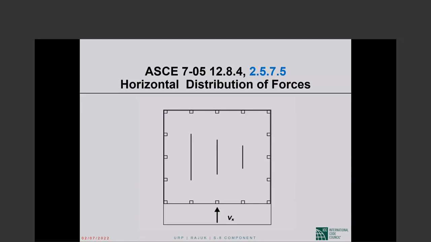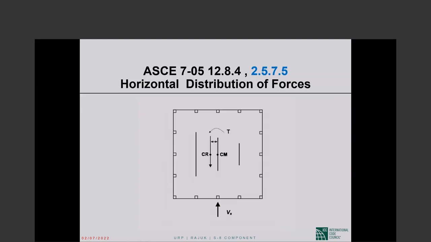If it deflects a lot, it's a flexible diaphragm. If the diaphragm is rigid, which should be most of the time the case, the lateral force distribution will be as I indicated. If, on the other hand, the diaphragm is flexible, then the story shear is distributed to the lateral force resisting systems in proportion to the tributary areas, not the relative lateral rigidities.